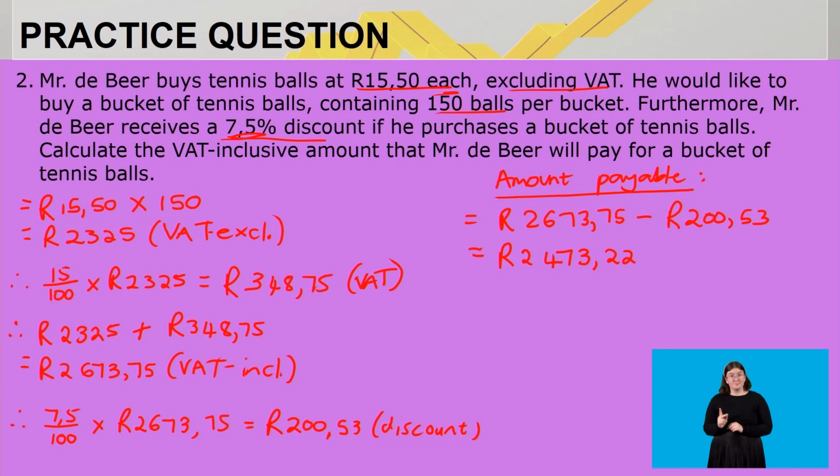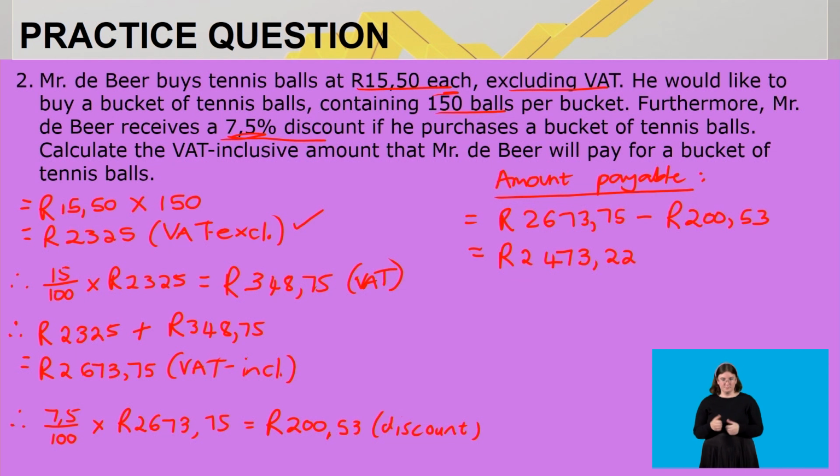Okay, let me run through this one more time. I started off with the unit price, 15.50 Rand, multiplied by the 150 balls, right? Then I got to 2,325 Rand, which is our VAT exclusive amount. Then I calculated our VAT amount by using 15%, right? 15% of 2,325 Rand, and that gave me a VAT amount of 348 Rand and 75 cents.